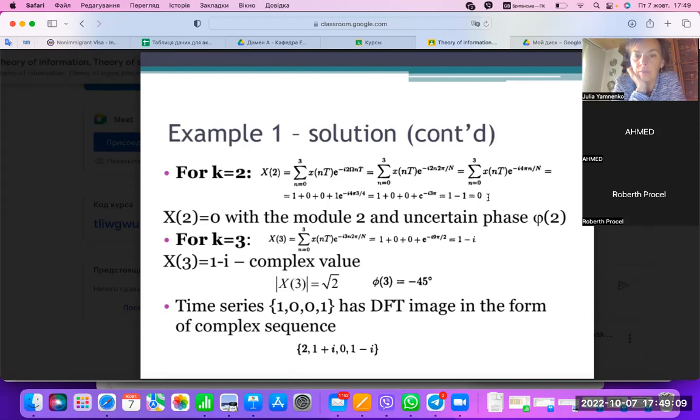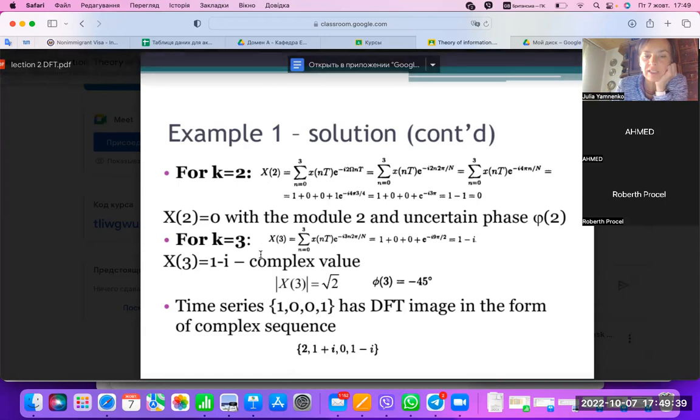And the module is equal to 0, but how to calculate the phase? This is a question, because if we have arctangent of 0 over 0, there is an uncertainty, and it is impossible to define the value of this phase shift. That's why the phase is uncertain here.